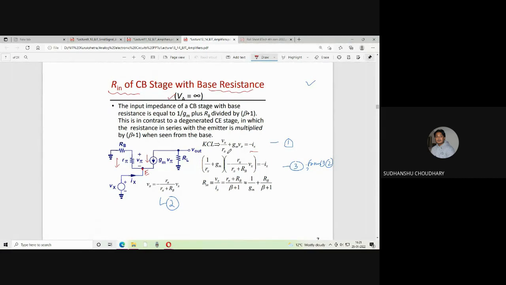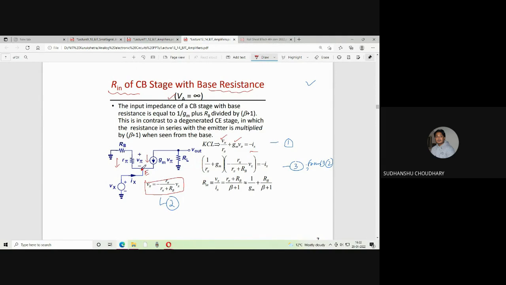Now this V pi by R pi, so this is 1 by R pi plus Gm, multiplied by V pi. Here V pi can be found by applying a voltage divider.